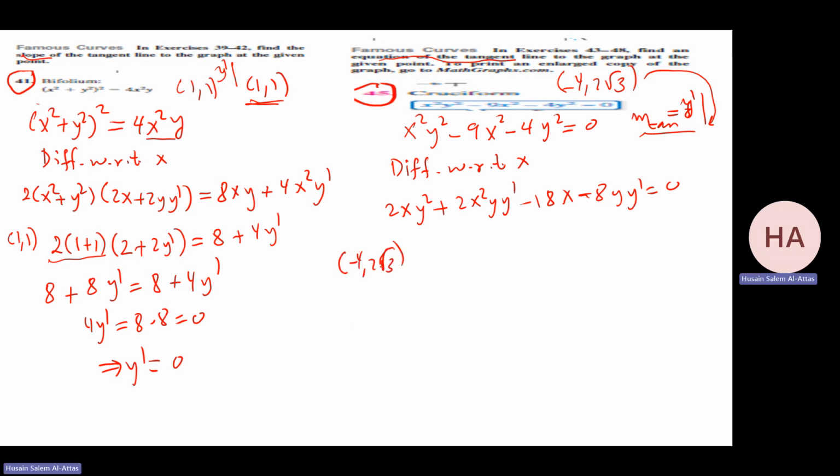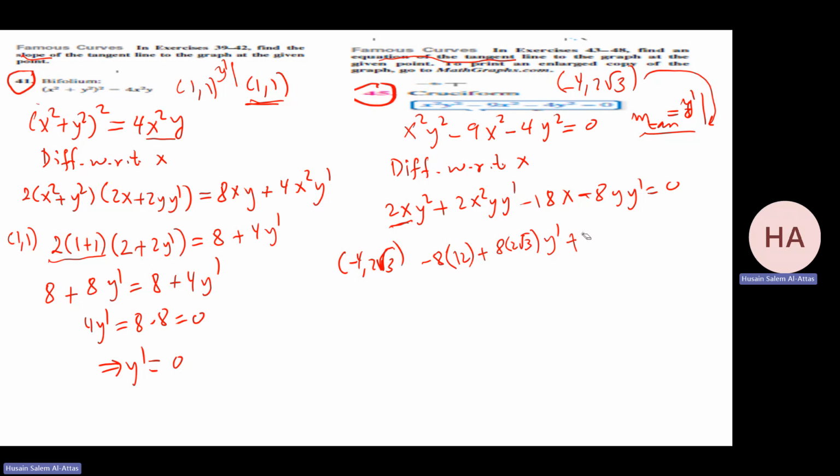Let us see the calculation, how it will go. That will give us what? Substitute. That will be minus 8 times 12, correct? This is minus 8, 4 times 3, which is times 12, plus 8, 2 root 3, y prime, minus 18 times 4.